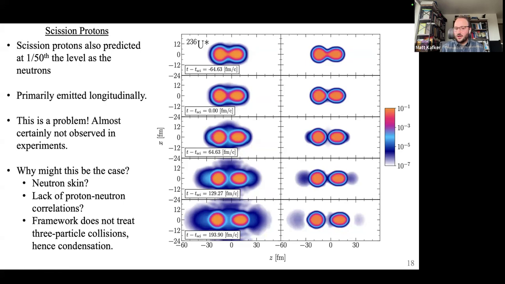Is this in fact the code predicting something which is not likely to be there? There are some possibilities related to the neutron skin, proton-neutron collisions, et cetera. I'm going to mention this again in more detail on a further slide. I'll say a little bit more about this in a second, but it's important to note that this prediction is present from the same calculations that give us this prediction.